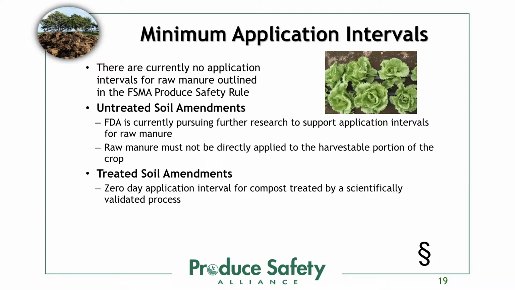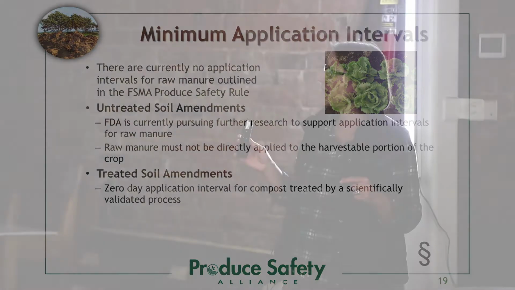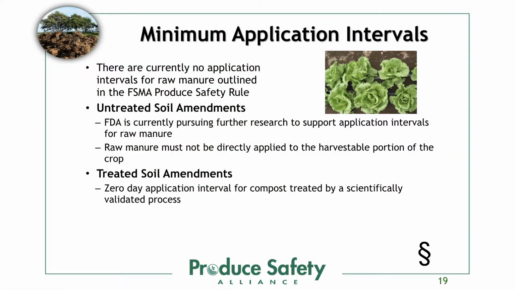The raw manure must not be directly applied to the harvestable portion of the crop. Faith has already covered that. And for treated soil amendments, there's a 0-day application interval. So if you have a compost, you can apply it today and harvest this afternoon if you want. There's no time interval in between, as long as it went through that scientifically validated process.